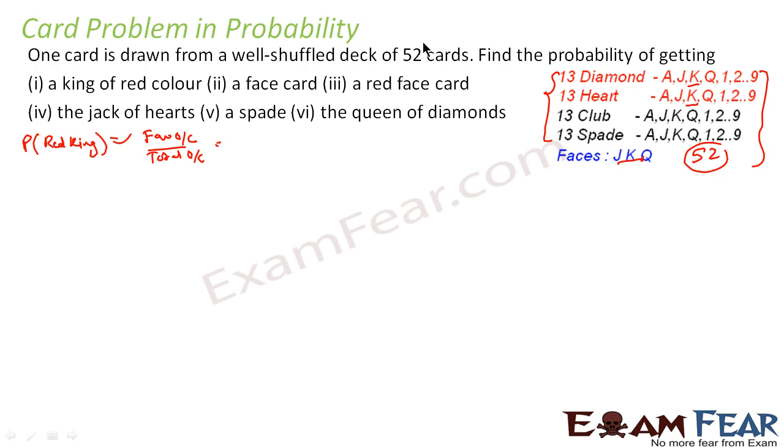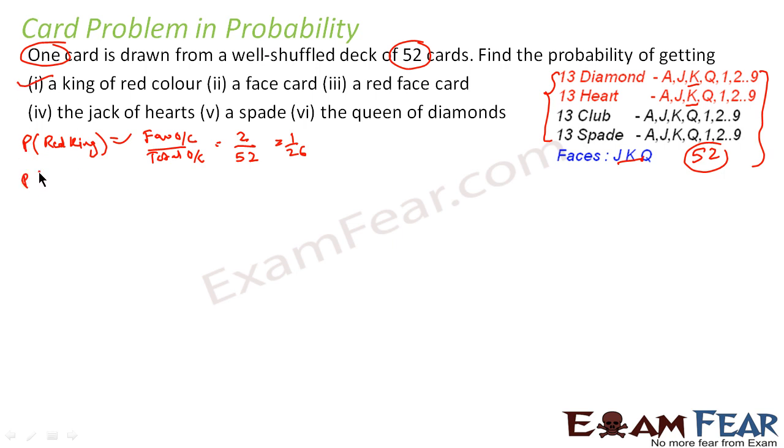From this deck of 52 cards, we take out one card. Correct? We take out one card. So favorable outcome can be 2 because there are 2 red kings and total outcome is 52 because there are 52 cards. So this probability comes out to be 1 by 26. So one part is solved.